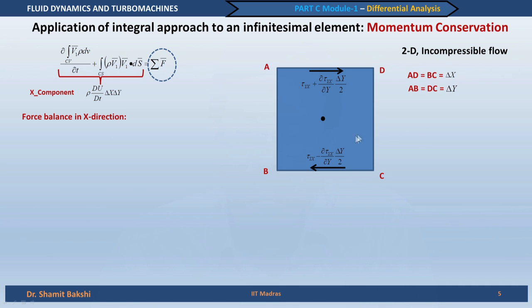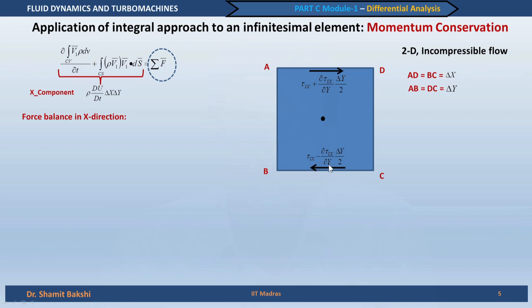First, consider the shear forces which are acting on this particular fluid element. Like we did for components of velocity and density, we can write the shear stress tau yx in this way. The shear stress on the top surface is different from the shear stress at the bottom surface.